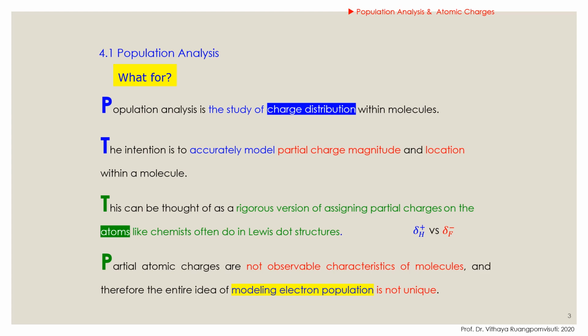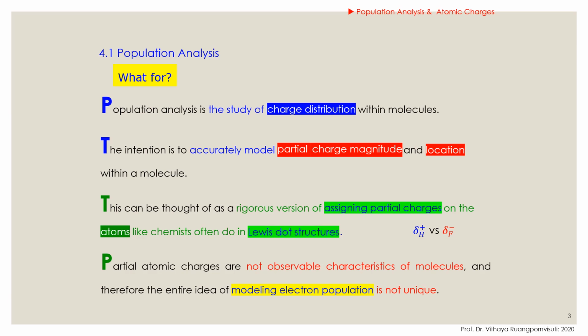The intention is to accurately model partial charge magnitude and location within a molecule. This can be thought of as a rigorous version of assigning partial charges on the atoms, like chemists often do in Lewis dot structures.